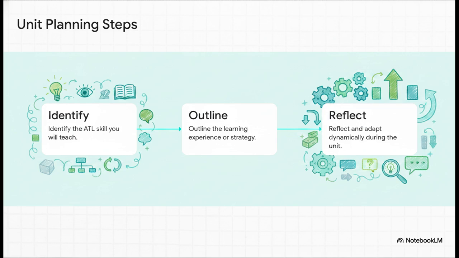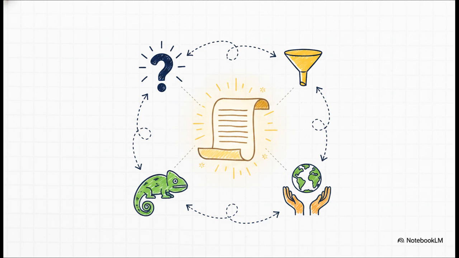By cutting out all the unnecessary bloat, it makes it so much easier for us to be responsive. You can integrate ATLs dynamically when the actual classroom need arises, rather than trying to perfectly predict every single interaction 6 months in advance. Ultimately, this frees up your entire planner to be what it was always meant to be, an iterative, living document.